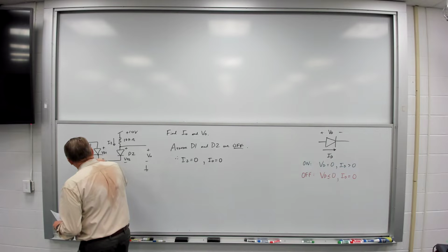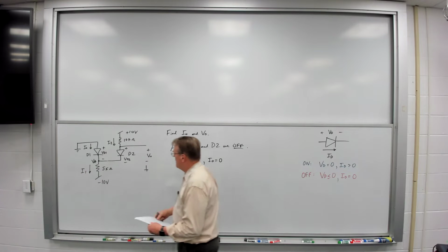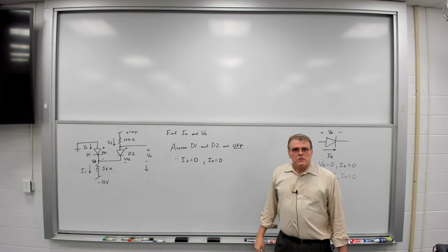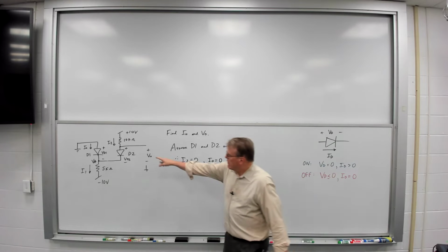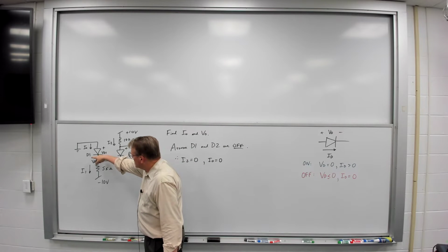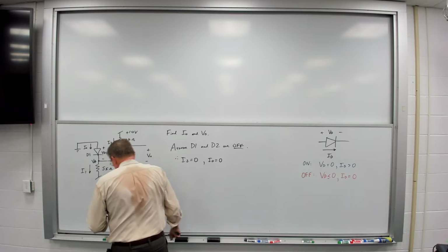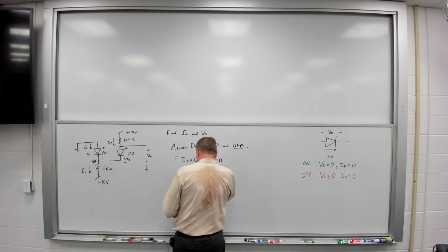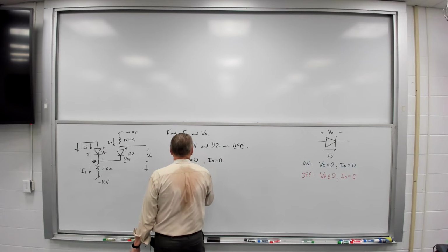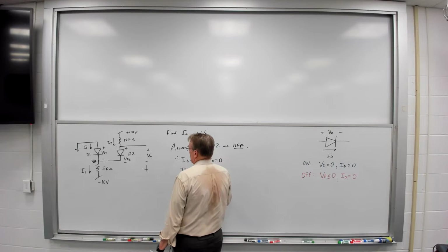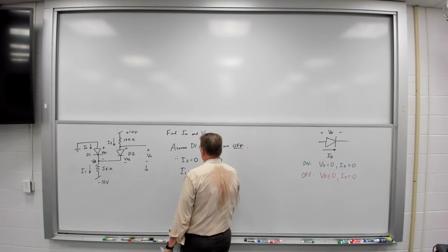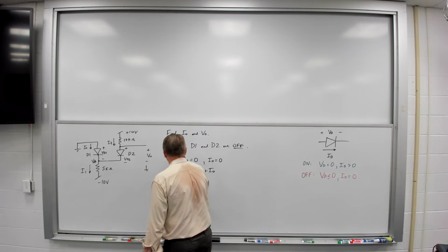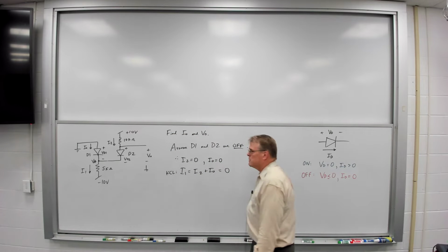I'm going to call it VB. If these two currents are equal to 0, that means I1 must be equal to 0, because I1 is equal to I2 plus I0 by KCL, and it too must be equal to 0.